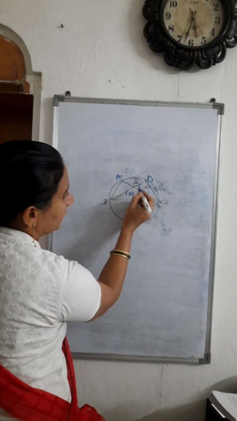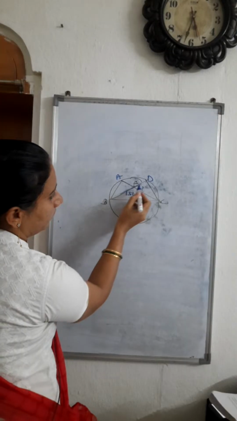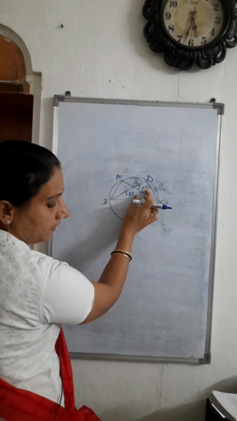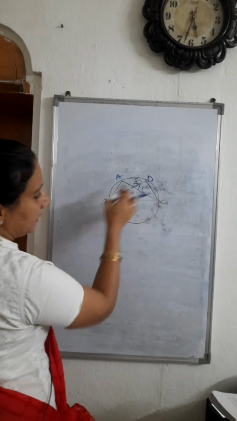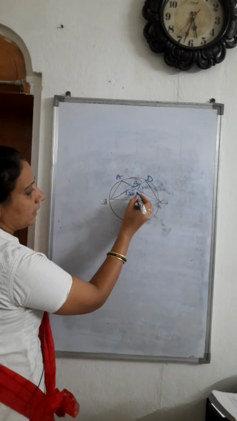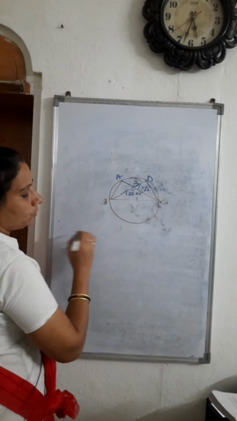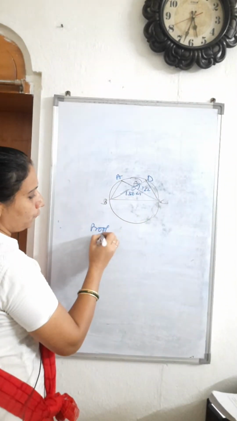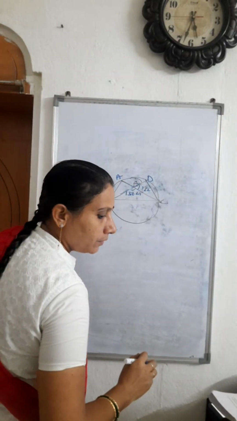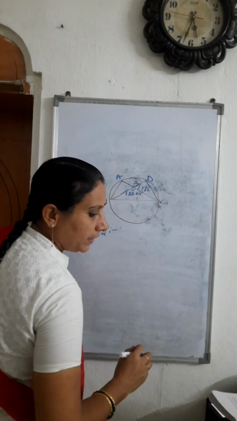We can find this angle by the linear pair property. We can see here a linear pair is being formed. What is a linear pair? If angles are on the same line, we call it a linear pair. Now if I consider this angle to be 1 and this angle to be 2, I'm starting with the direct proof. In the final question, we need to find the value of BAC.